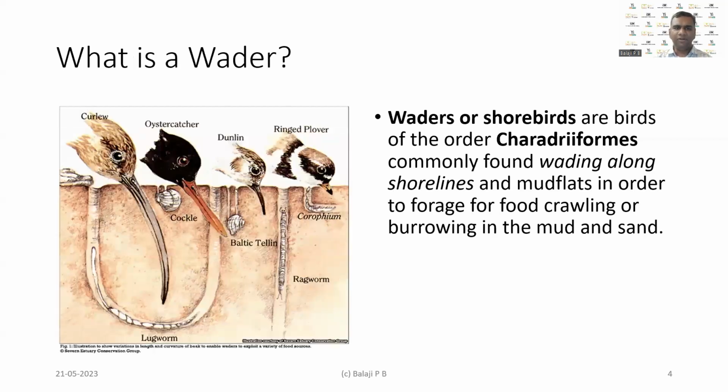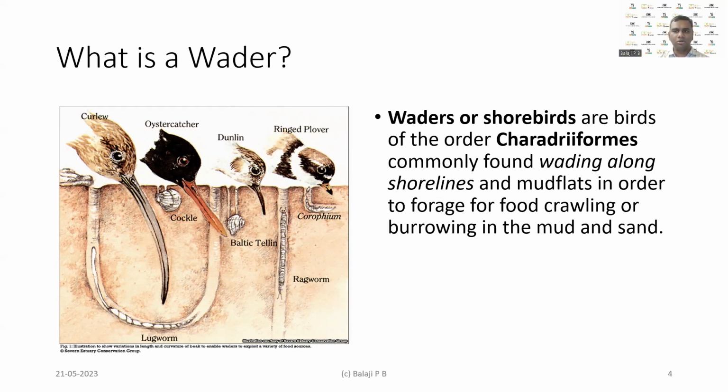So first of all, we need to develop an understanding of what is a wader. Wader is a word used by British birdwatchers or British ornithologists, and the equivalent term used by Americans is shorebirds.